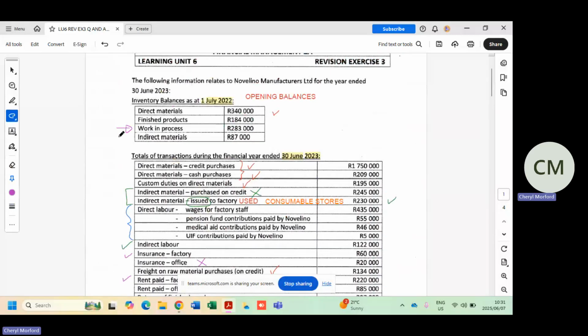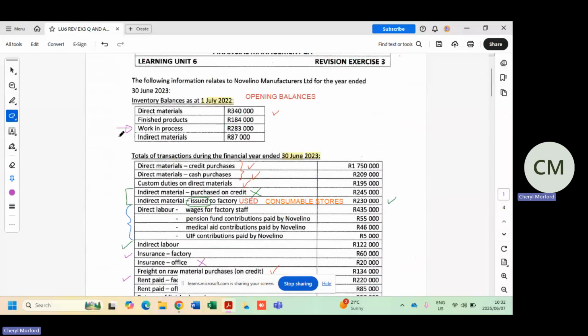That is another term for semi-finished goods or unfinished goods. So that means that production was started during the 2022 period, but wasn't complete. That's why it sits in work in process, unfinished. However, during the 2023 year, that work is completed and sold.